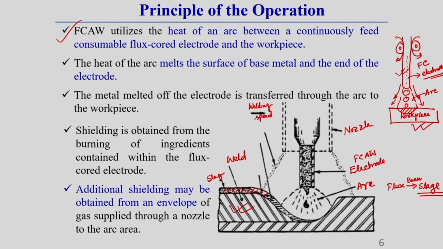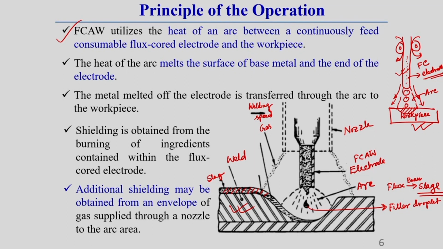I am labeling everything, then it will be very clear to you. This is called shielding gas. Instead of writing shielding gas, I am writing only gas. And this is the molten droplet, the filler droplet. Just keep in mind how it is formed.